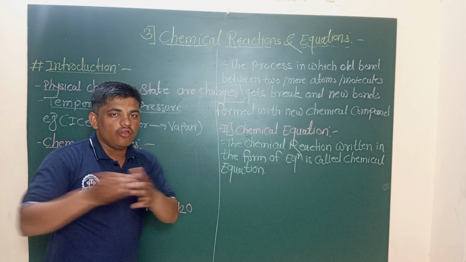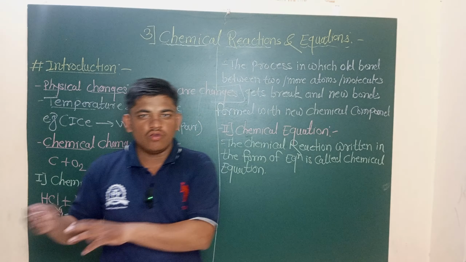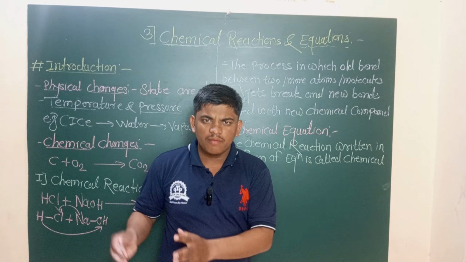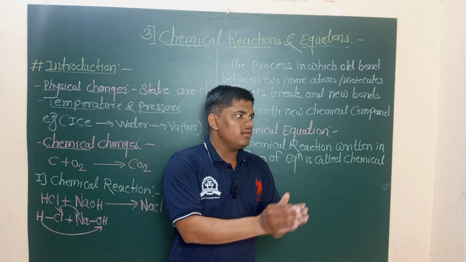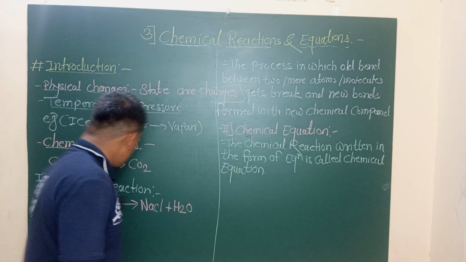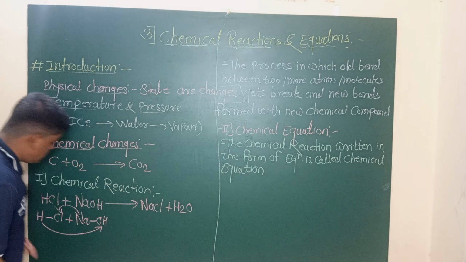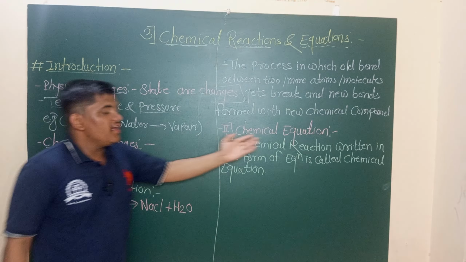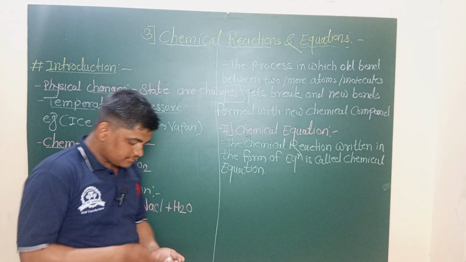New bonds are formed, old bonds get broken in the old chemical compounds, and new bonds are formed with the new chemical compound. This is called a chemical reaction. These reactions are written in the form of chemical equations.